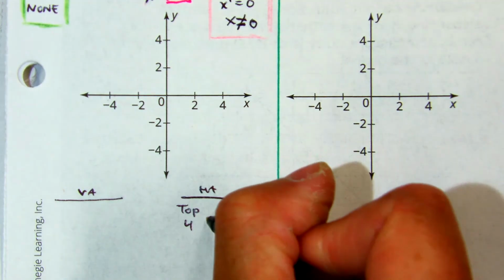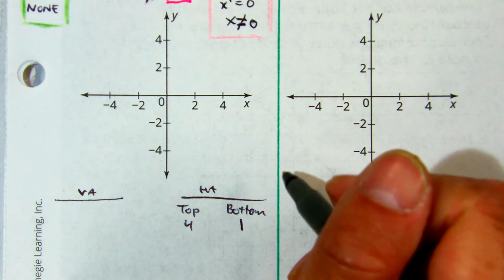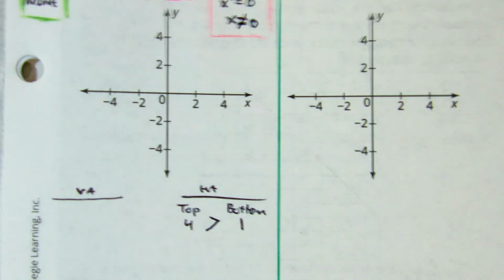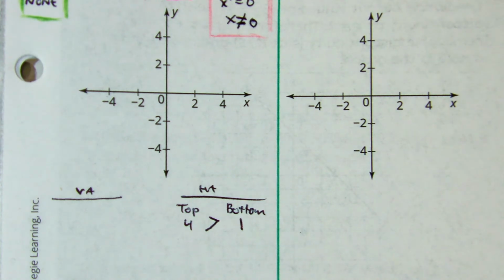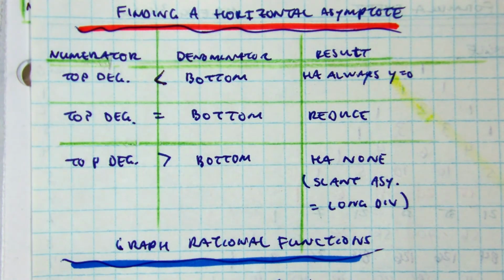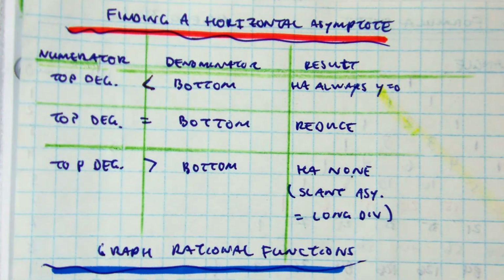Is 4 bigger than 1 or smaller? So we put greater than. Tony, if I put in a greater than on your formula sheet, what does it tell us as our result? It's not an asymptote, but for the horizontal asymptote, it tells us what? There's none. Let's write that. None.